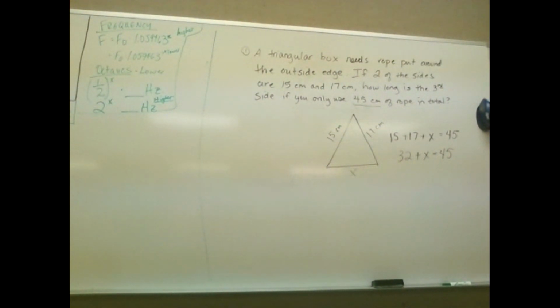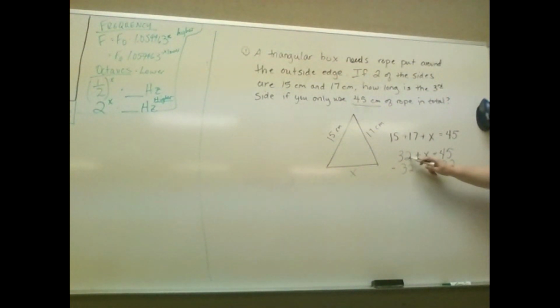So for those of you guys who haven't had algebra in a while, whenever you want to get x by itself, because that's what we're solving for, if you have a number that's added to it and that number is positive, so we have plus 32, we're going to subtract 32 from both sides.